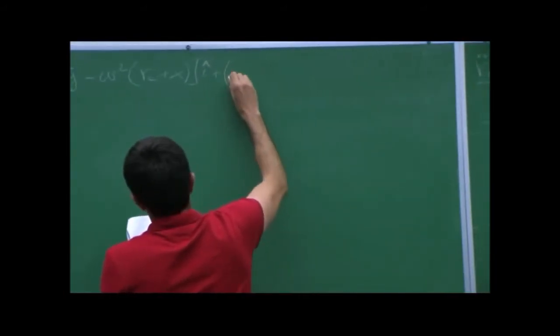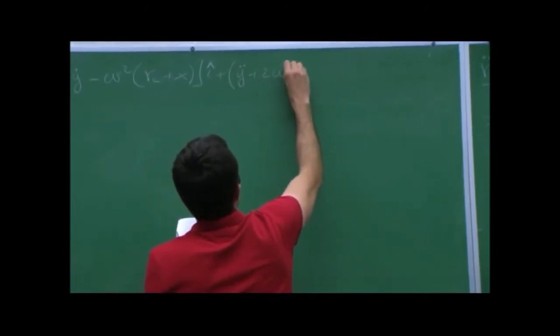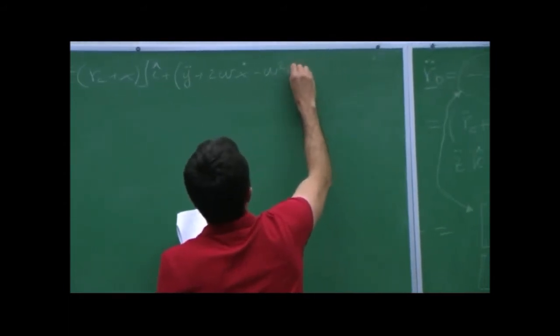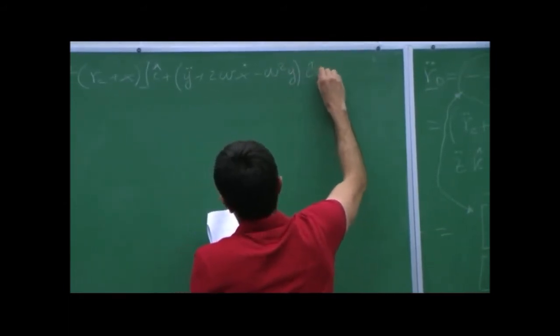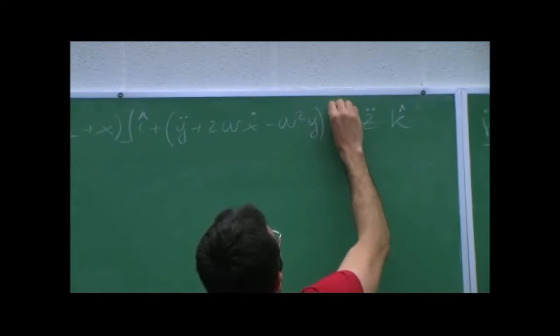Then we have y double dot plus 2 omega x dot minus omega squared y in the I direction, and then finally the z double dot. We want to stare at this for a minute. I do have the I direction twice. Today I can't just get that right. Thank you.